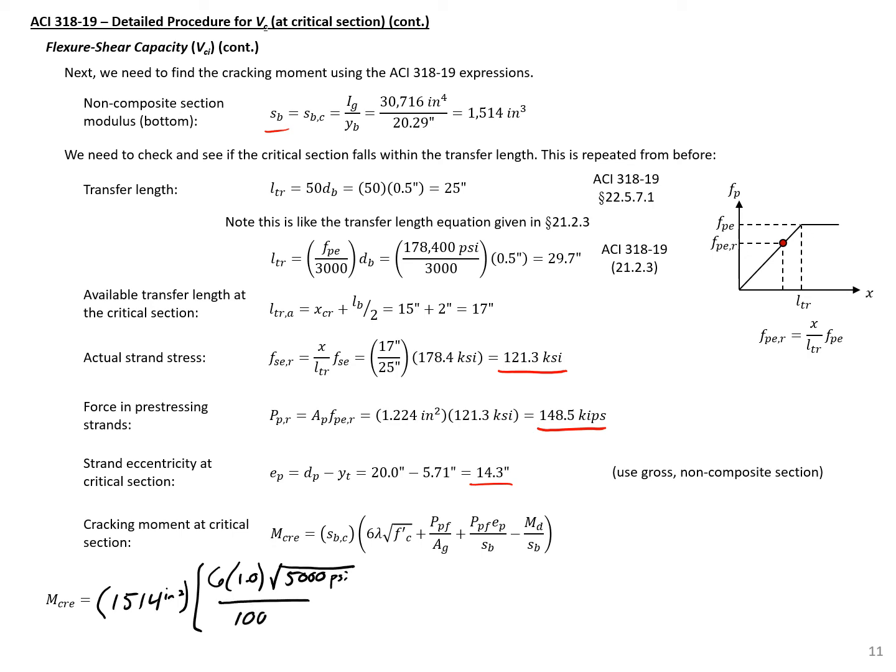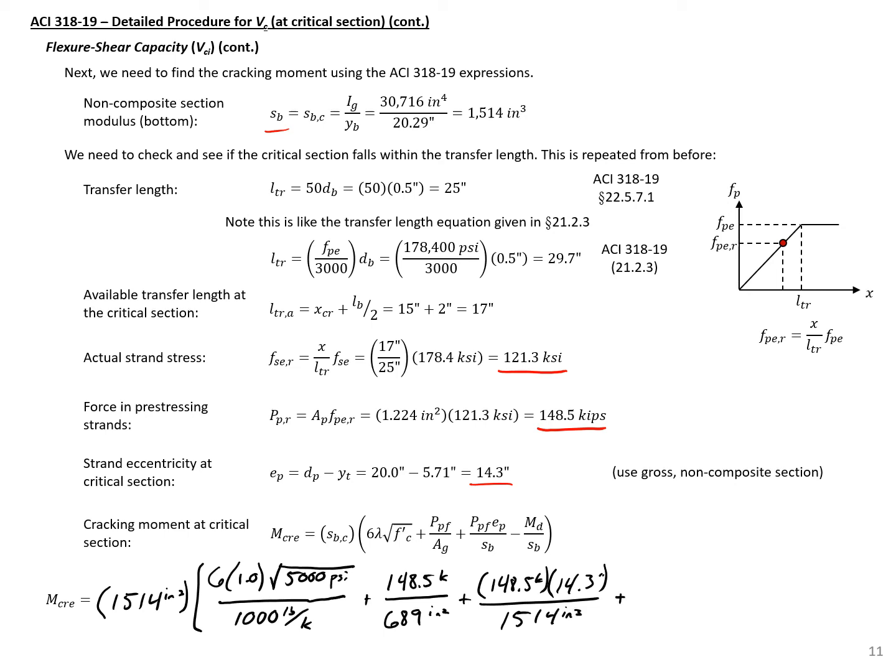I'm going to convert this to kips right here, plus 148.5 kips divided by our gross area, 689 square inches, plus 148.5 times our eccentricity, 14.3, divided by our non-composite section modulus, 1,514 inches to the third.